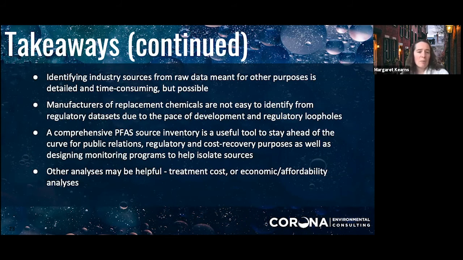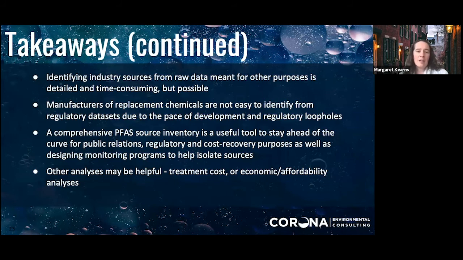The manufacturers of replacement chemicals are not easy to identify from regulatory data sets. This is both due to the pace of development and also regulatory loopholes for confidential business information. This is why we went to the piece of the method that Jen talked about, where we're looking for specific companies that we know are active in development and research related to replacement chemicals, because many of these share some of the same health impacts of more traditional PFAS.